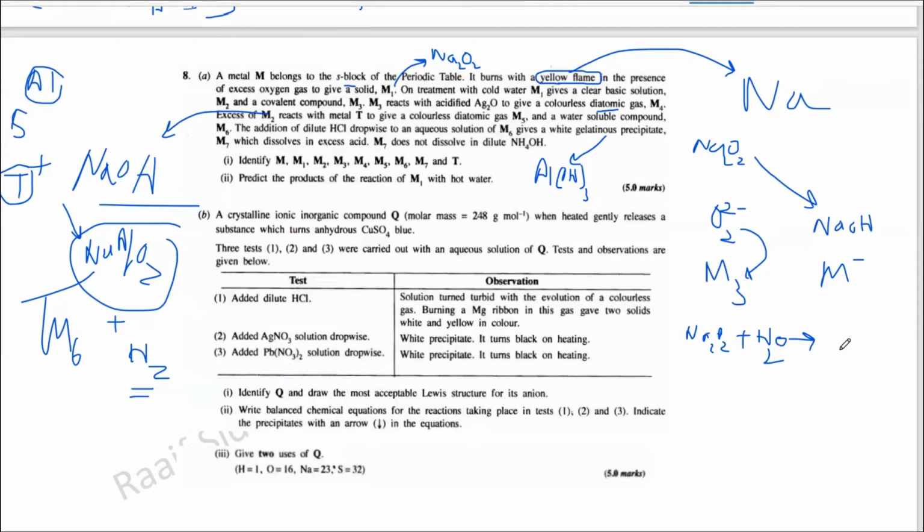Remember, with hot water, it will give NaOH, the same compound, no problem in that. But here it was H2O2, but here this is O2. Okay, as you can imagine. Okay, that is given.